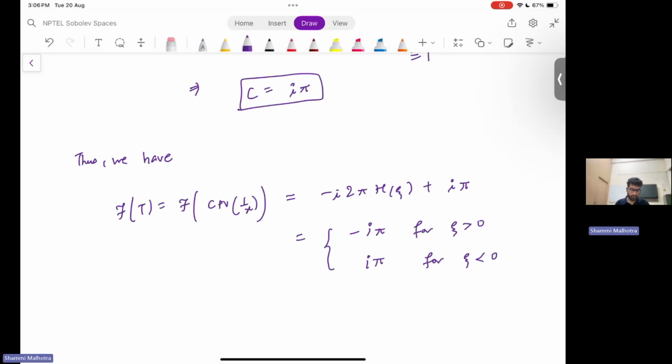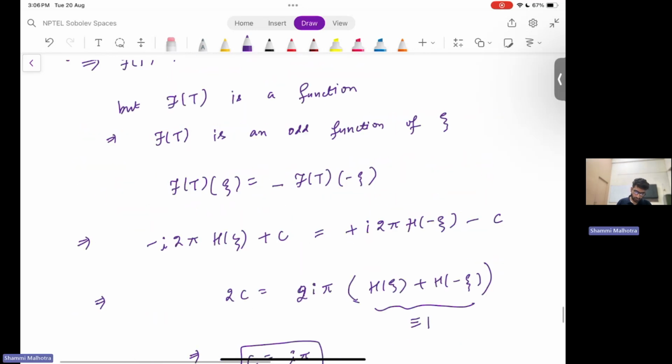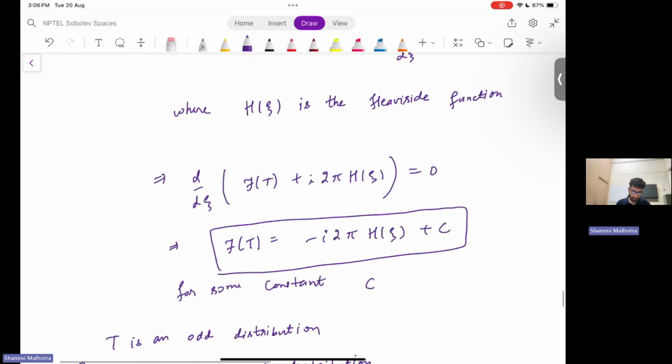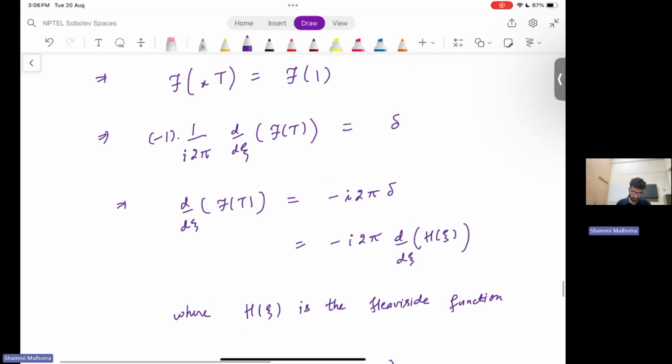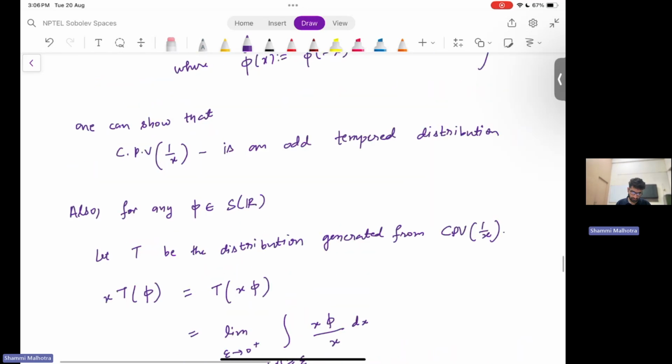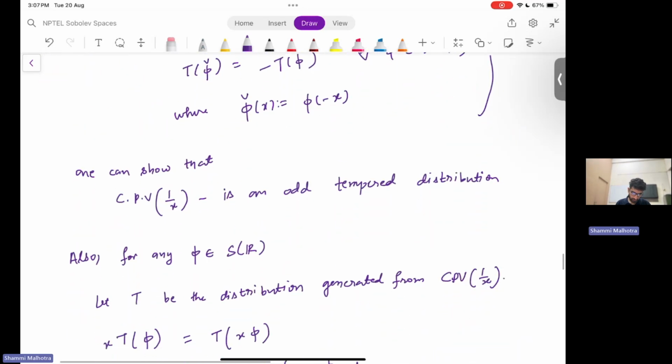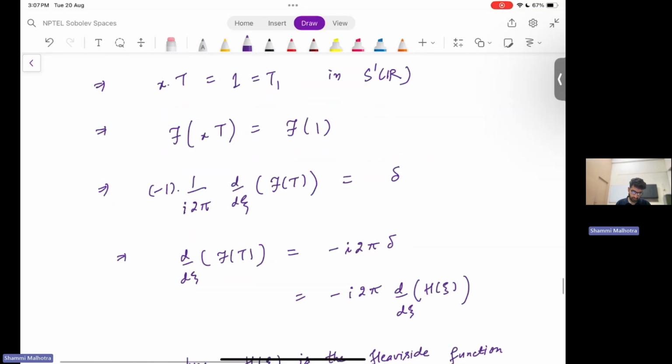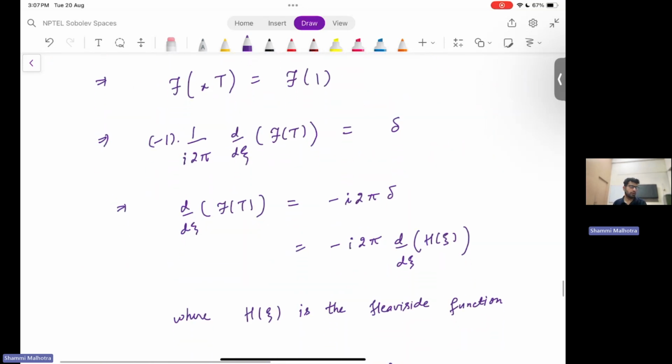It was again not so hard a question, but again used a little bit of the fact of this odd function, like I have explained here.